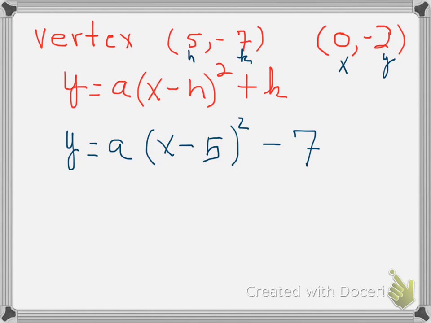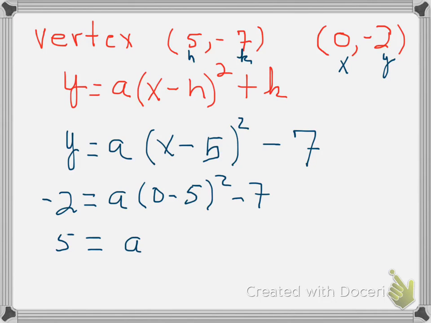So I can go ahead and substitute that in, and we get -2 equals a times (0 minus 5) squared minus 7. Well, if I add 7 to each side, I get 5 equals a times 25. So that means that a is equal to 5 over 25, or 1/5.